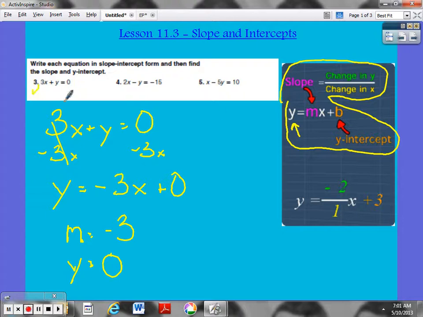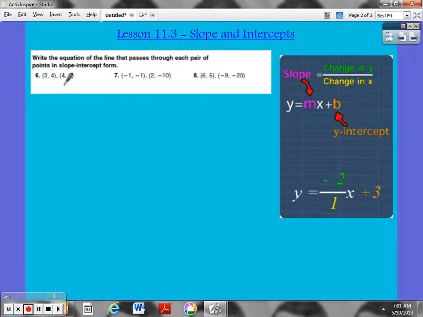That is answer 3. I did problem 3 here. Let's take a look at another one. This is a little different. Write the equation of the line that passes through each pair of points in slope-intercept form. So now they're giving me two ordered pairs. I have to find the slope first, then put that in slope-intercept form, and then find the y-intercept.